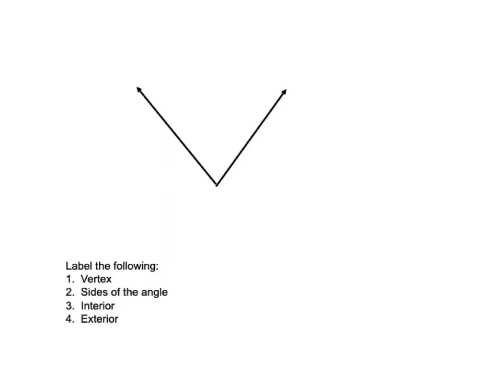Okay, some of the vocabulary from that very first slide that we want to make sure we knew is some vocab about the parts of an angle. Number 1, the vertex. The vertex is just the corner of the angle. The sides of the angle are the rays that make up your angle.